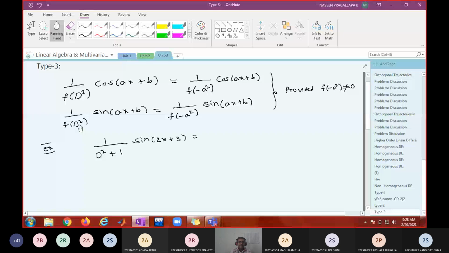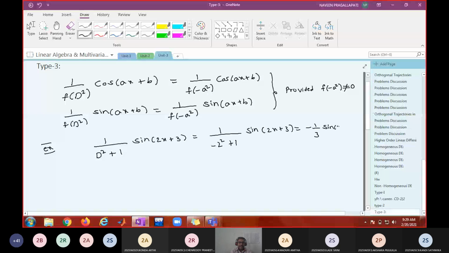That means what? 1 by, what is a here? A is 2. That is minus 2 square plus 1 sin 2x plus 3. Minus 2 square is minus 4. Minus 4 plus 1 is minus 3, so it is minus 1 by 3 sin 2x plus 3.